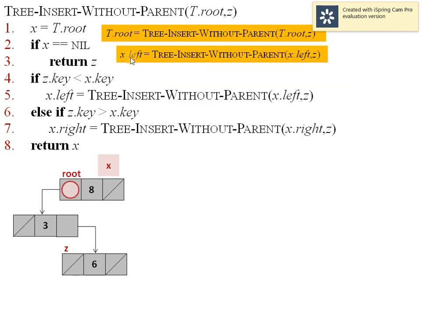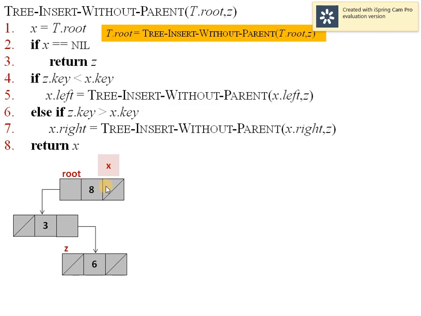We are again at this point now. After the execution of this x dot right statement, we have to return x. So it will return us nothing but node 3 only, so it is not going to update the structure of the tree.